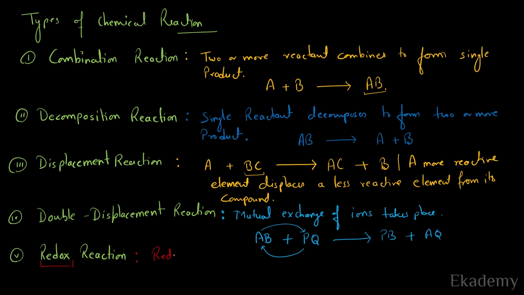So it is reduction and oxidation reaction, right? Or oxidation reduction reaction. So it is also known by this name, oxidation reduction reaction. In short, it is always called as redox.